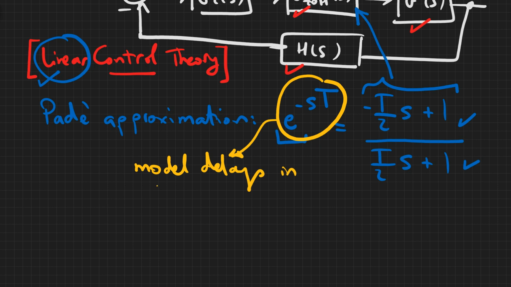If you have any delay, sometimes a certain delay T in any of those blocks, you can model those delays also using this Padé approximation. The next part is we want to derive this expression just to make sure that we understand it properly. But this is how we're going to proceed in this phase.